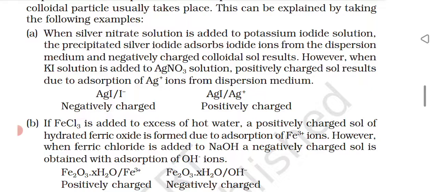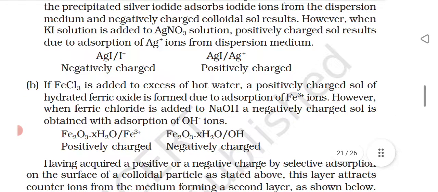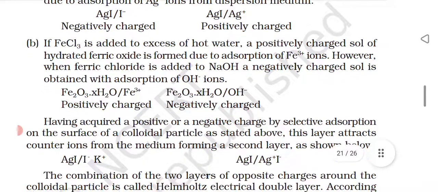However, when KI solution is added to AgNO3 solution, a positively charged sol results due to the adsorption of Ag+ ions from the dispersion medium. In simple sense, if you are adding excess silver nitrate, it will get Ag+ ions. If you are adding excess potassium iodide, it will get I minus. So AgI/I minus is negatively charged, AgI/Ag+ is positively charged.